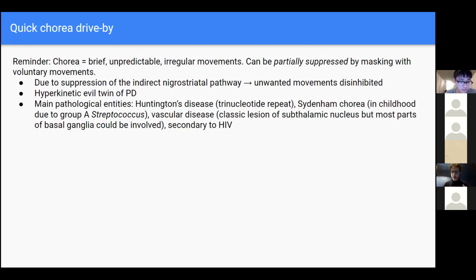Classically it's a stroke involving the subthalamic nucleus, but actually most parts of the basal ganglia, if involved in a stroke, could lead to chorea. And there's also chorea secondary to HIV, which is the most common infectious cause of chorea.